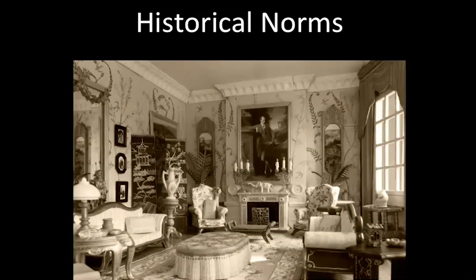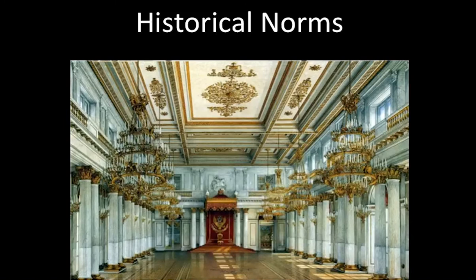Now check out this room. Opulent, palatial, very tall ceilings, lots of gold and white, lots of ornate carvings on the tops and the bottoms of the columns, lots of ornate design and intricate work in the floor, lots of natural light and lots of artificial light. Look down at the far end of the room, and you'll see that there's a throne.